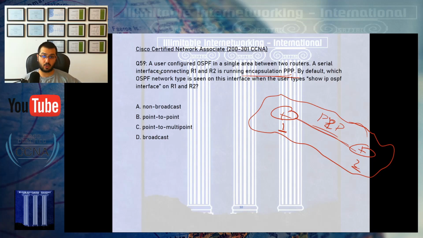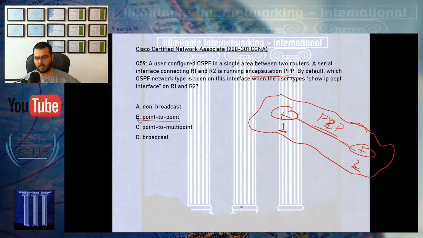If there was a switch, then you would enter this long headache of it possibly being a broadcast OSPF network, or if you used some Frame Relay protocols, it would be non-broadcast, or point-to-multipoint with DMVPN, etc. But since there is a direct connection between two routers using OSPF, it will definitely be called a point-to-point connection.